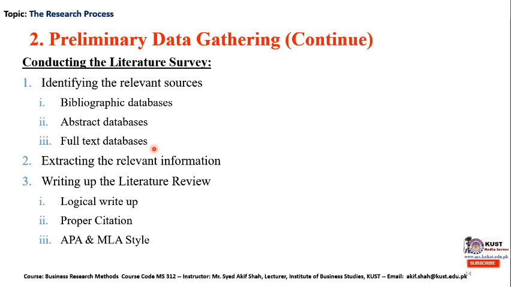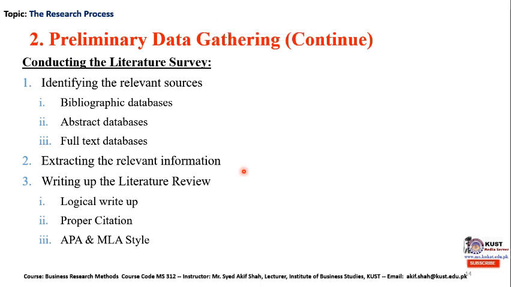From these full text databases, what researchers do is download the relevant published material which is pertinent to the existing problem encountered by the manager in his company, which is low productivity in our case. The second step in conducting the literature survey is extracting the relevant information.